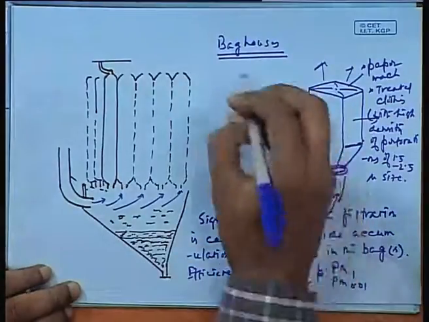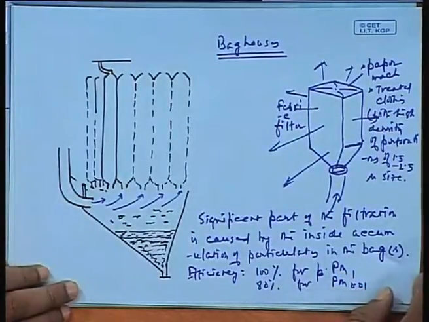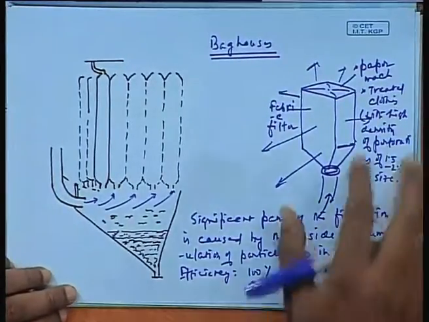These bag houses are becoming extremely popular nowadays. More and more they are replacing electrostatic precipitators. Wherever new filtering is being done, electrostatic precipitators are being discarded in favor of these bag houses. One big important reason is the consumption of energy, because energy is scarce, mostly in power plants.